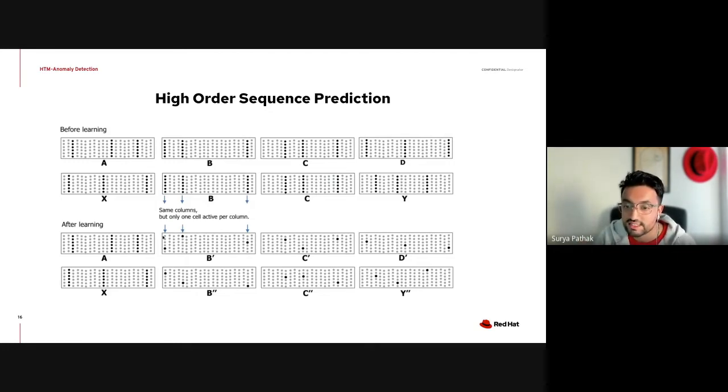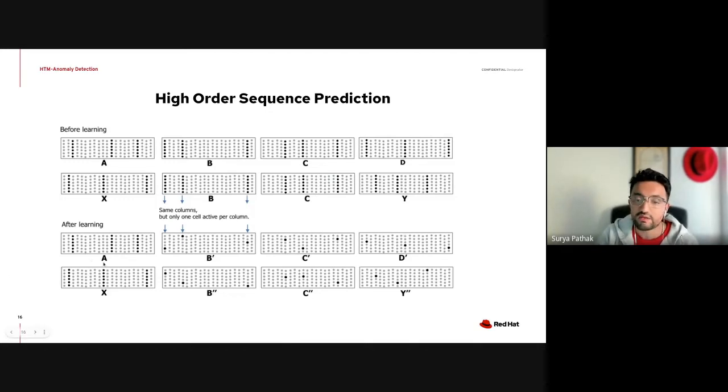So this is the sparse representation of B. Now once it reaches B, it then predicts C, and this resembles this structure. The column matches over here. And once it reaches C, it predicts D, and so on.